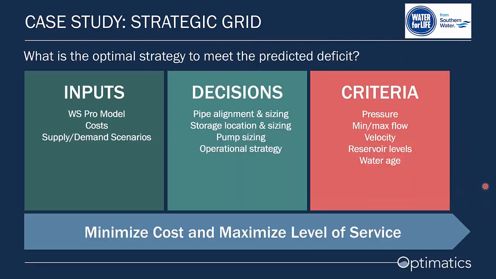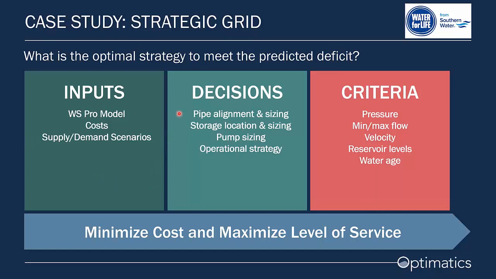Translating that problem statement into the categories of how we break things down in Optimizer, we can think of the inputs as the WS Pro model, which had been built, the costs for the different capital infrastructure upgrades, and the supply-demand scenarios. So that was all developed before they came to using Optimizer.